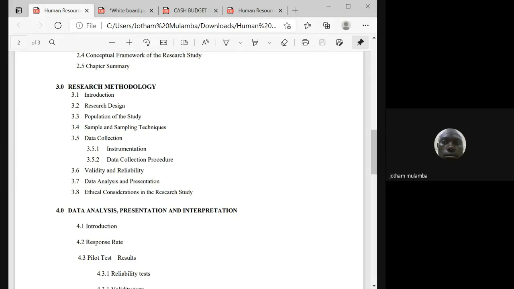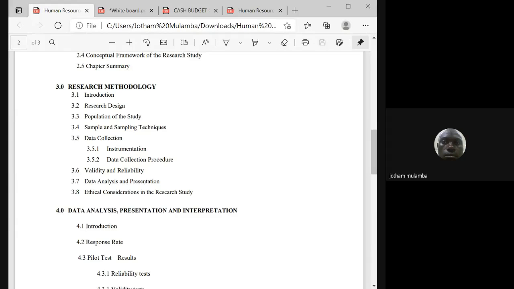Now, when you are presenting data, there are three ways you are going to present data, specifically the quantitative data. First, you will present via text. Text means you are just giving an explanation of the data, how you have found it. For example, I asked about factors affecting employee productivity, and one of them I was considering is wage.